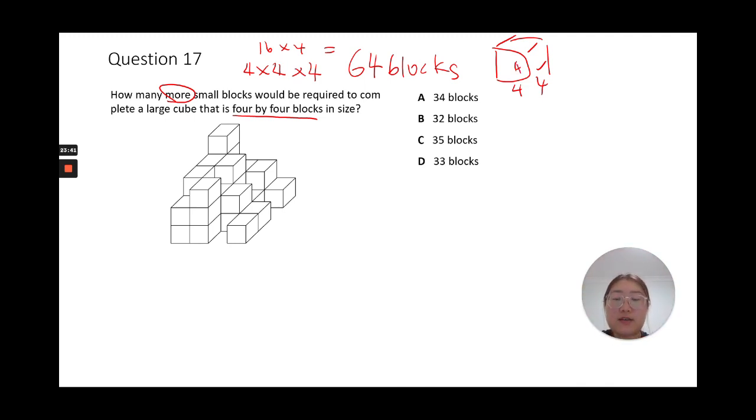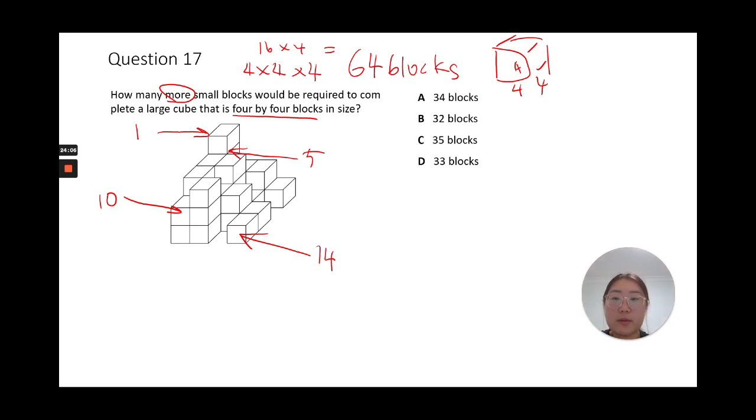Right now we have this jumble of cubes. How many do we have now? I like to look at it in layers. That top layer, we only have 1 cube. And then that second layer here, we have 1, 2, 3, 4, 5. Similarly, this third layer here, we would have 10. And this very bottom foundation layer, we would have 14.